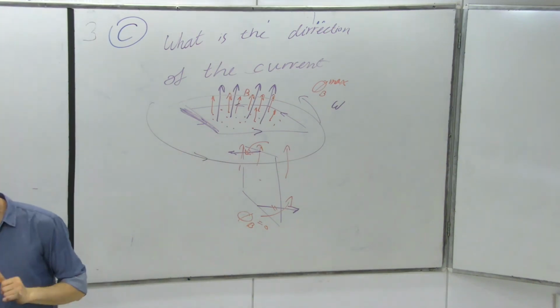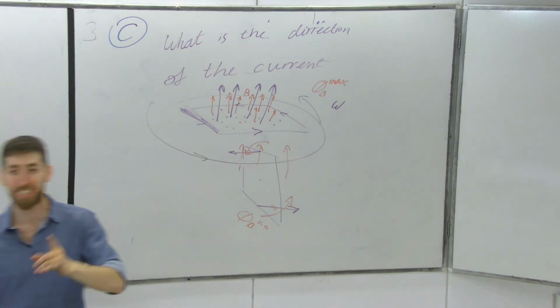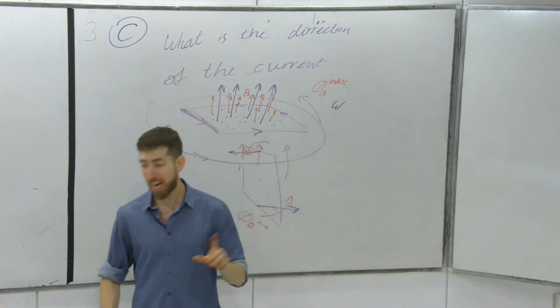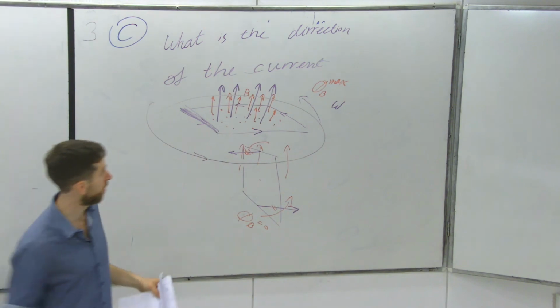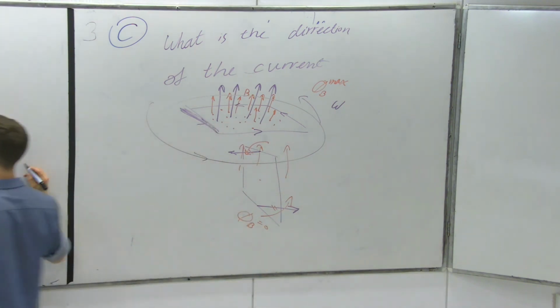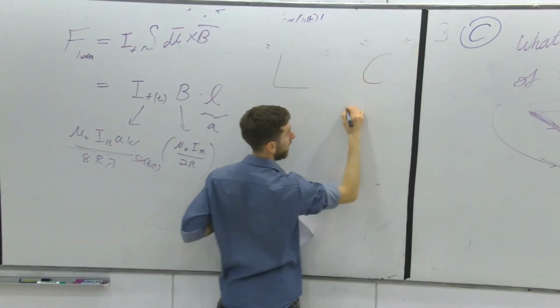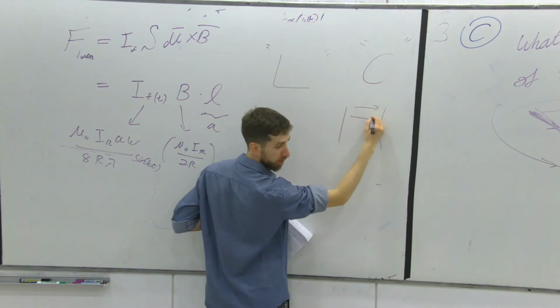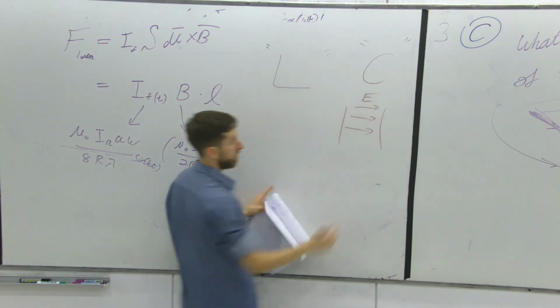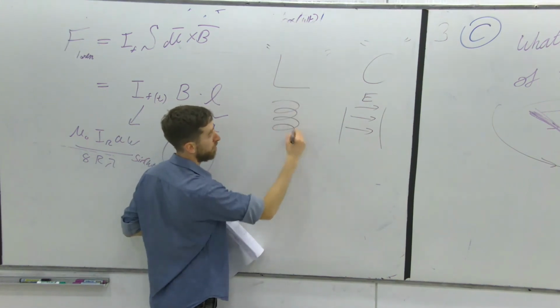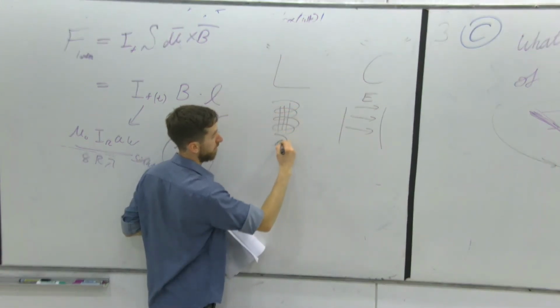Good. The next subject is going to be the last subject of magnetism. We're going to finish magnetism. The last one is inductors, L, which is the parallel of the capacitor. Capacitors accumulate electric field, and inductors accumulate magnetic fields.